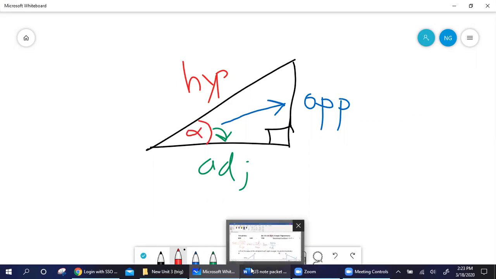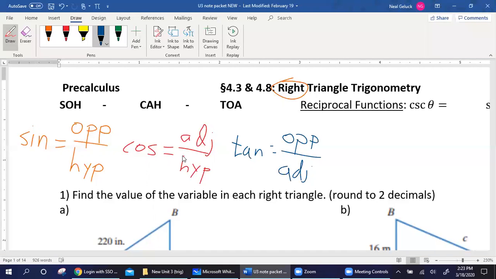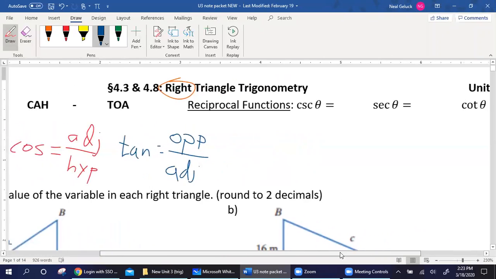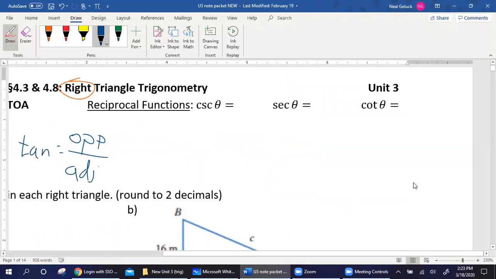So those are 3 main trig functions that you've done before. The reciprocal functions are somewhat less known, but we will need them a lot in this unit. The first one, CSC, that is the cosecant. That is 1 over the sine.